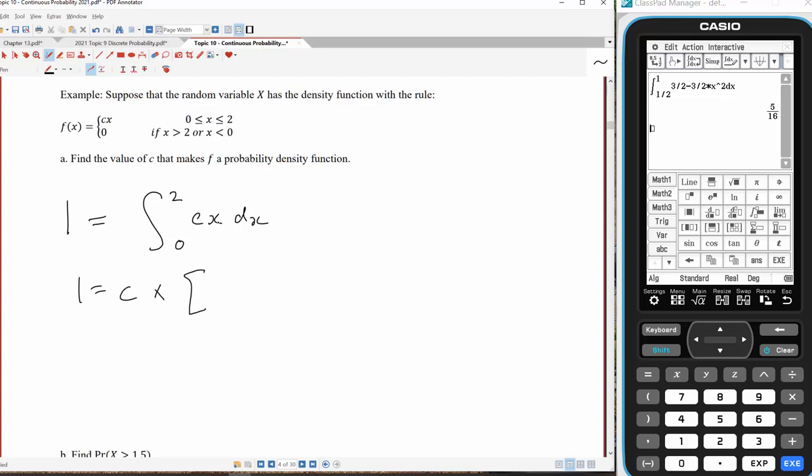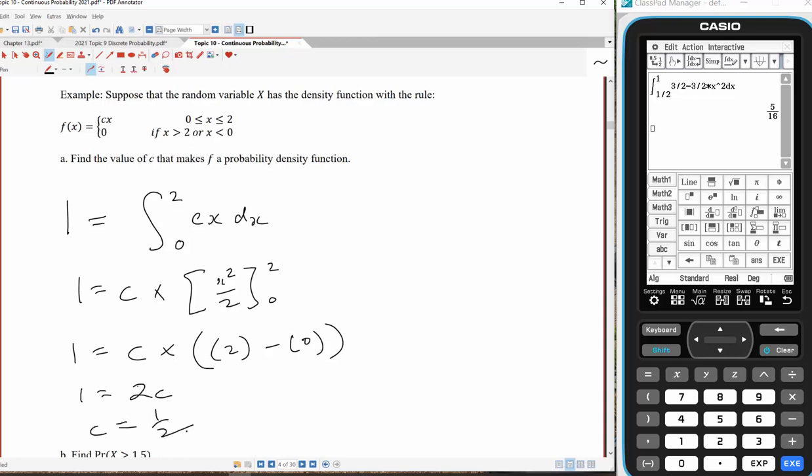Now I'm going to anti-differentiate x, which is x squared on 2, putting in 2 and 0 as my terminals. 1 equals c times, so 2 goes in, which gives 2 squared is 4, 4 divided by 2 is 2. So it's 2, take away 0, which is nothing. 2c, so c equals half.